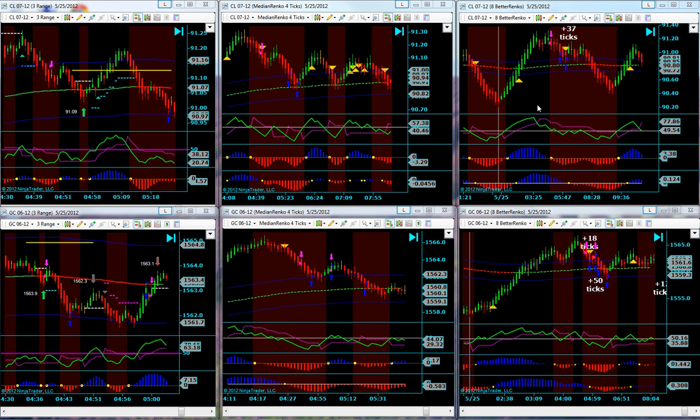So on Monday I learned about this consultant, one of Rob's students, that basically all he does is he takes these crosses on these targeter, and whenever it crosses short, he goes short, and crosses up, he goes long.